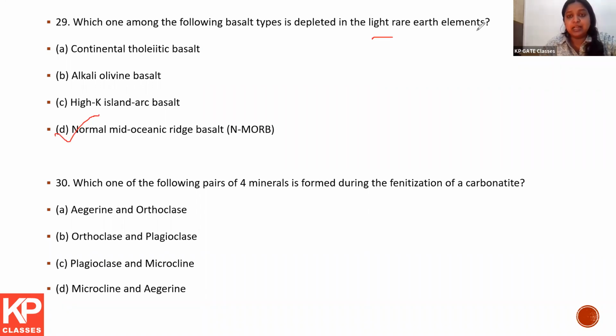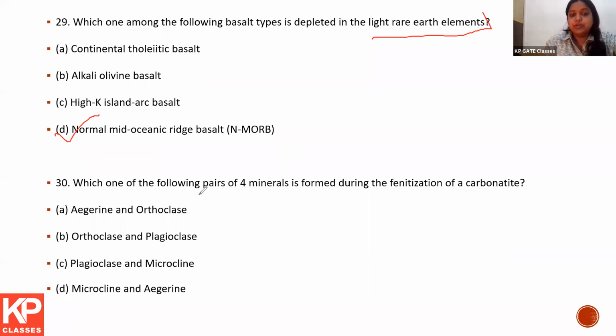It is about the light rare earth elements. You should know about the compatibility and incompatibility of rare earth elements. They are incompatible elements, so they are depleted in N-MORB.